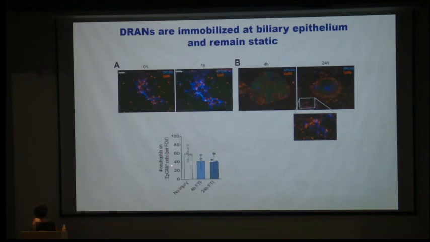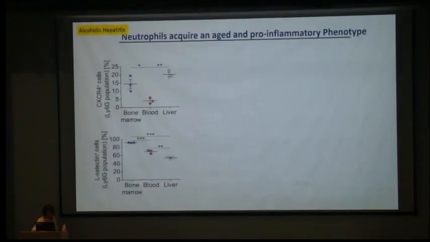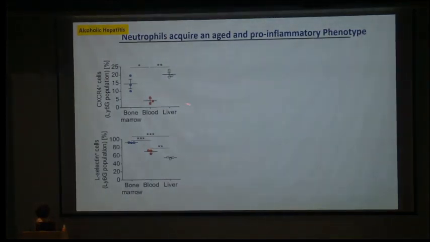They looked at neutrophil and ICAM positive cells with no injury, because once they gave the injury, after 24 hours there was a decrease in the neutrophils, but they were still staying there. So they declared that the neutrophils acquire an aged and pro-inflammatory phenotype because of CXCR4. They did this in the bone marrow, the blood, and the liver.